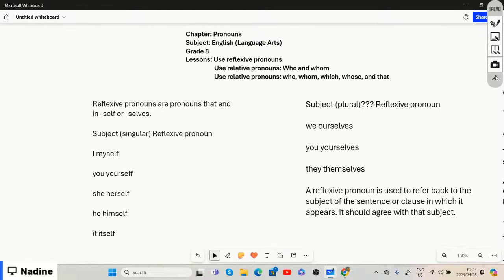And the lessons that we are focusing on is to use reflexive pronouns, to use relative pronouns, which is who and whom, and also to use relative pronouns, which is who, whom, which, whose, and that.